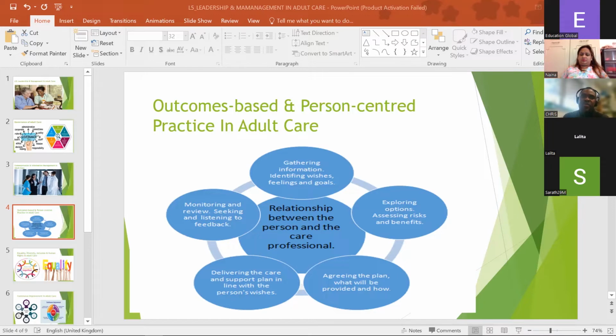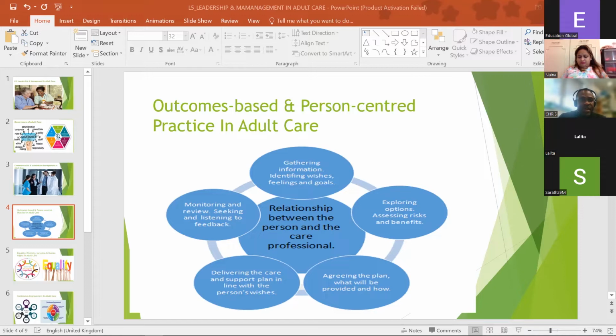Then this is where we have to observe you. There are times we will have to input role play, because I understand that most of you are not already in the health and social care work setting or environment. So we would need to input some role plays that will be observed to ensure that such outcomes are achieved.